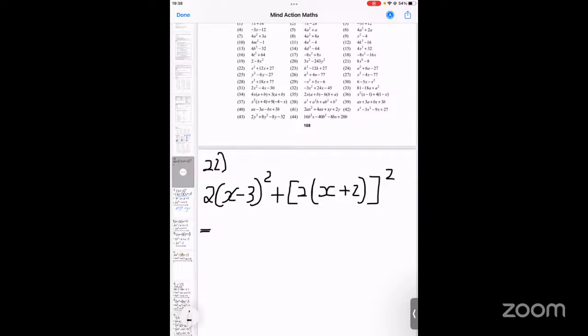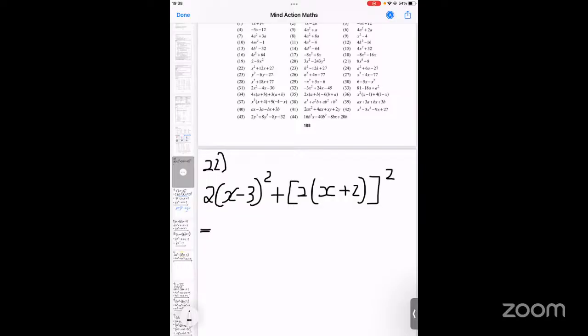Busisiwe, what about on your side? So I would write the x minus 3 squared twice, and then factorize or distribute. So that would be for the first part.